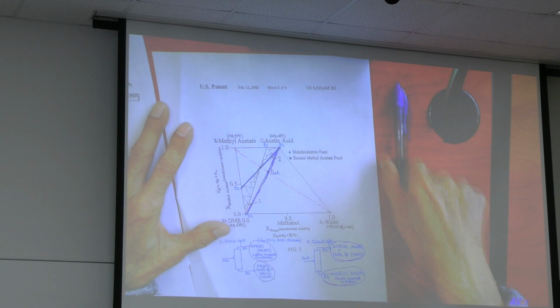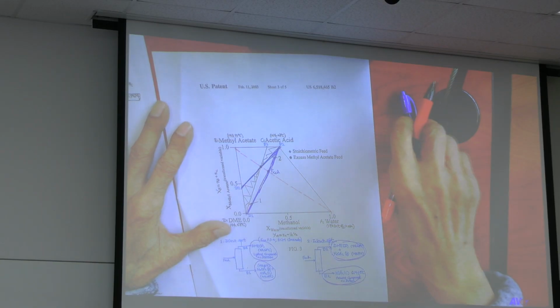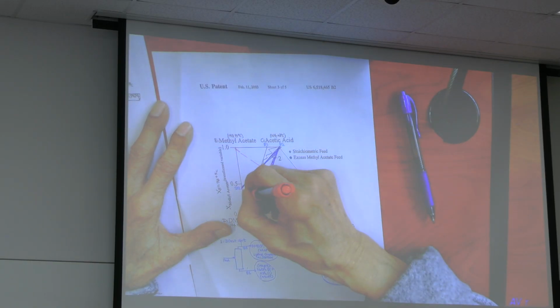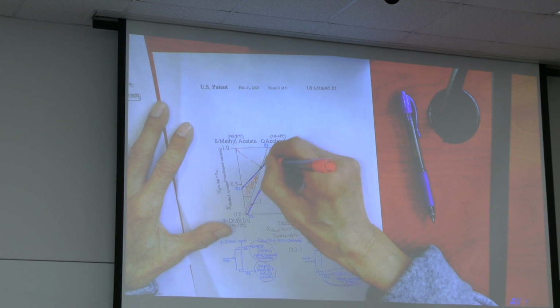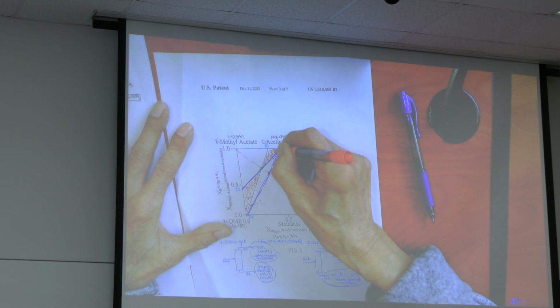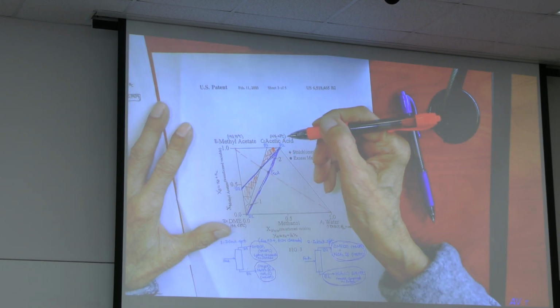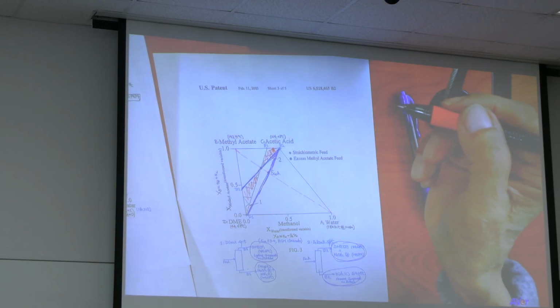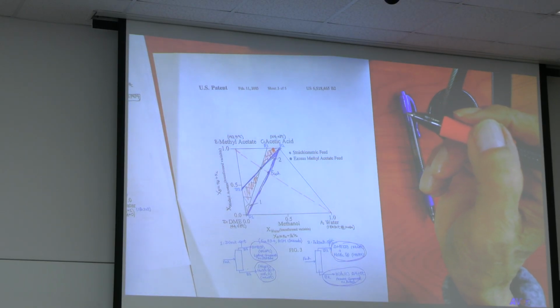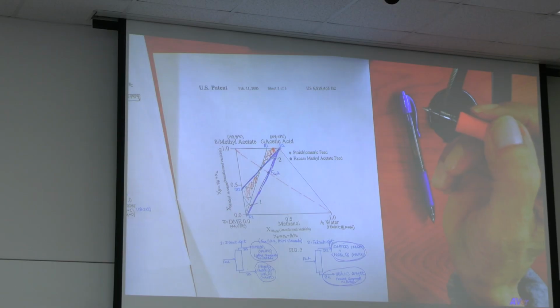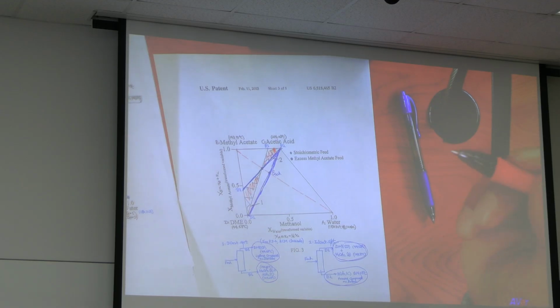So in the patent, it said your product composition is in this region. That's a patent. I don't know. Too simple. It's full of people who do not understand RCM. Okay?